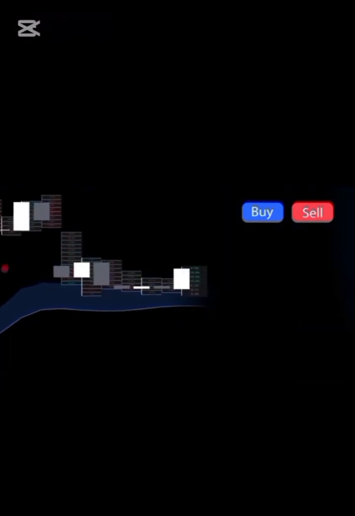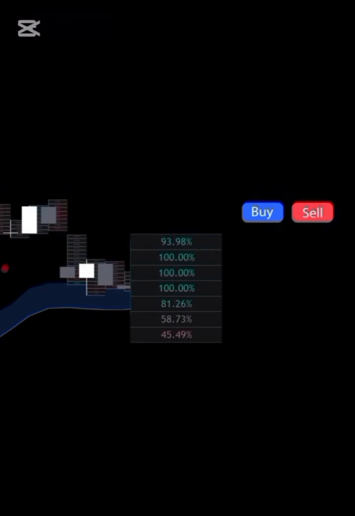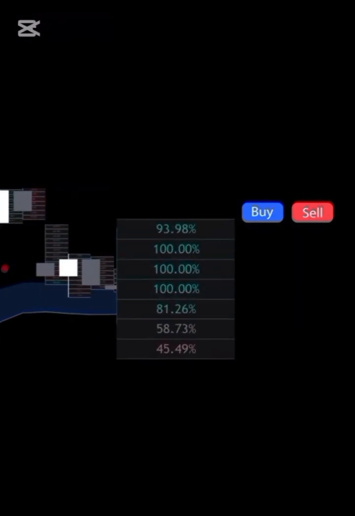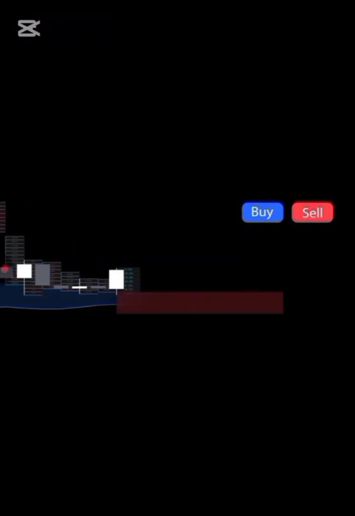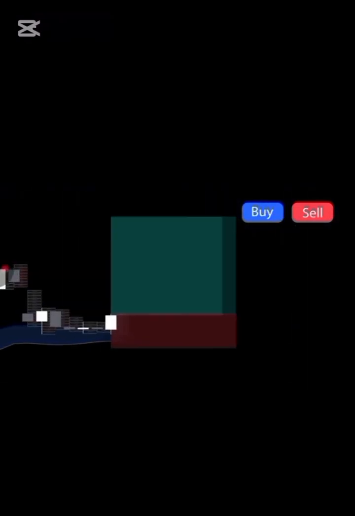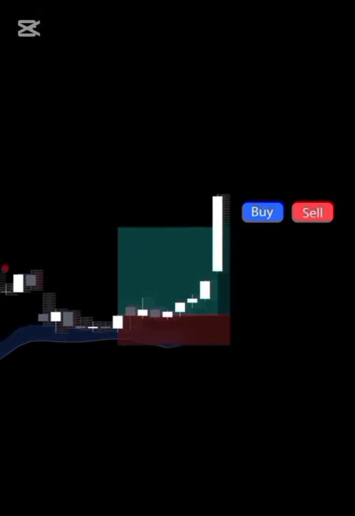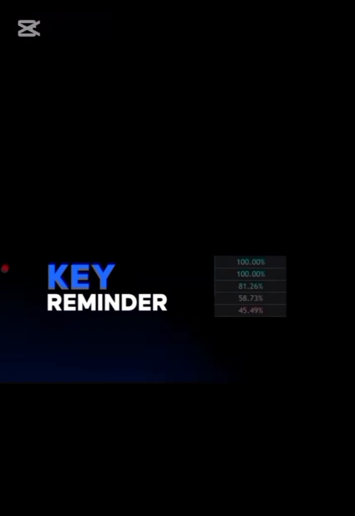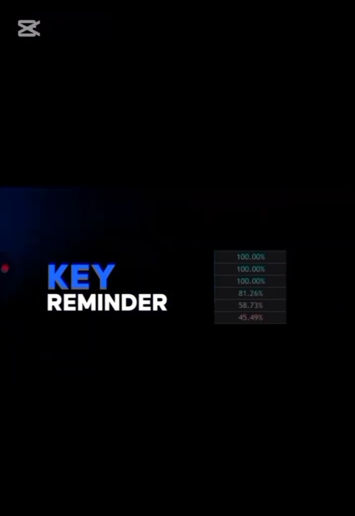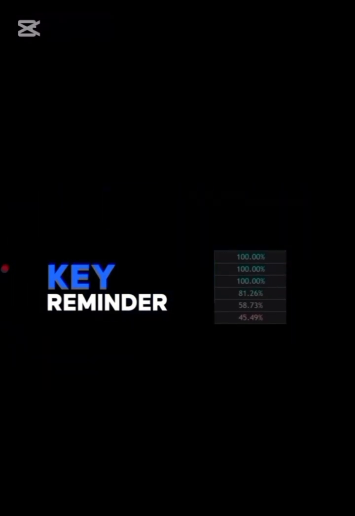Instead, we wait for confirmation, specifically the formation of 3 or more bullish rows with high percentage ratings. That's our signal that buyers are stepping in. Once confirmed, we can enter the trade with stops placed just below the Smart Trail, allowing for a potential bounce and target a 1.3 risk to reward. Key reminder, one strong row isn't enough. You want multiple stacked bullish rows to validate the setup and increase the probability of success.